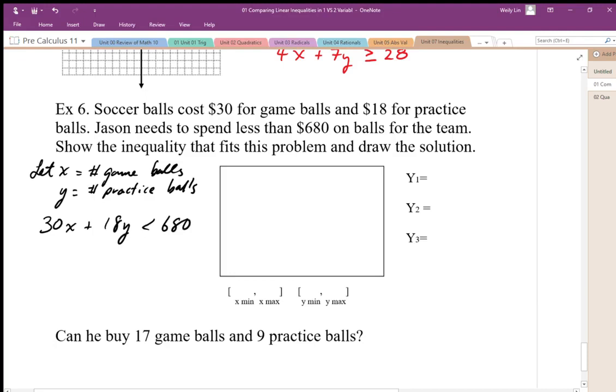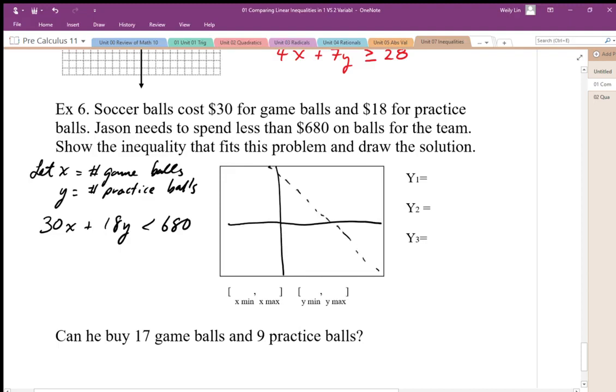So I can plug that inequality into my graph. Okay, so 30x plus 18y is less than 680. I need to zoom out a little bit, but when I sketch my graph, I have a graph that looks like this.